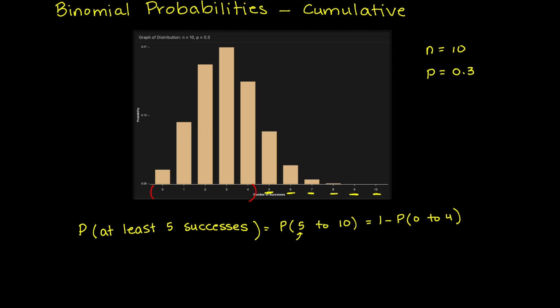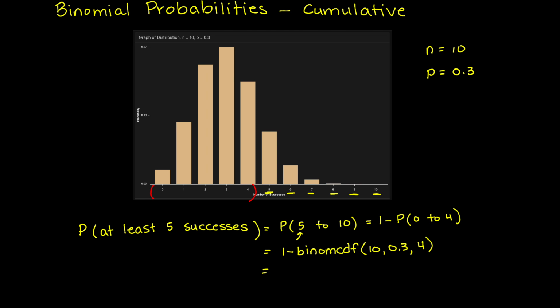So this is going to be 1 minus binomial CDF. 10 is the number of trials, and probability of success is 0.3. And then the maximum number of successes is 4.